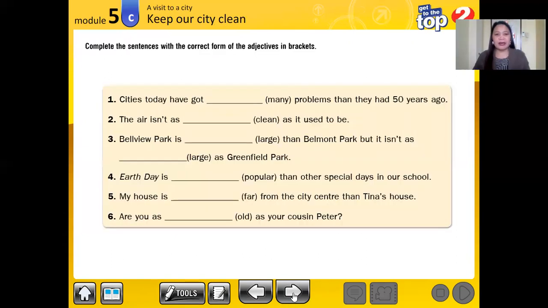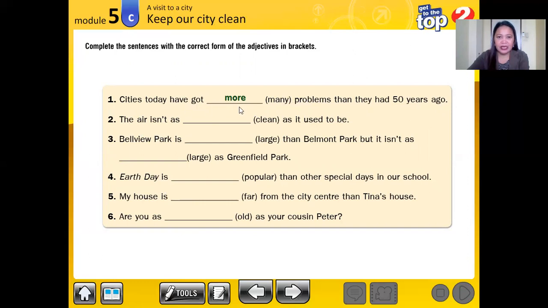So let's try here on your book, page 67, student book. Complete the sentences with the correct form of the adjectives in the brackets. So we have the word inside the bracket. So we are going to use the correct form of the adjective. So let's say, cities today have got more problems than they had 50 years ago.